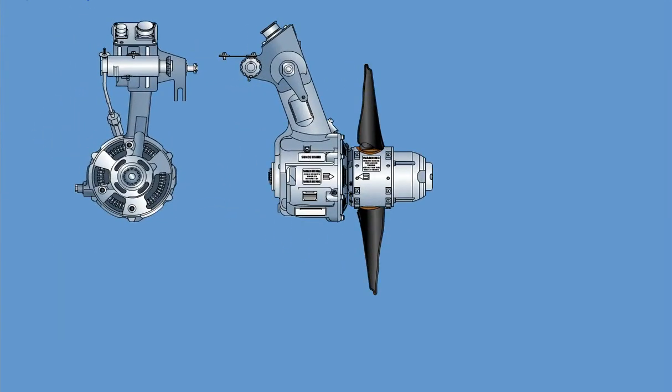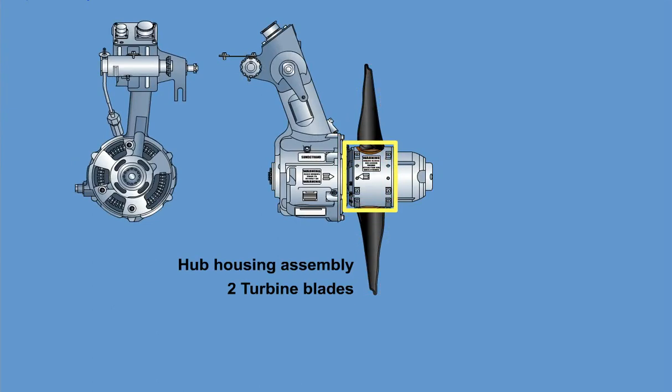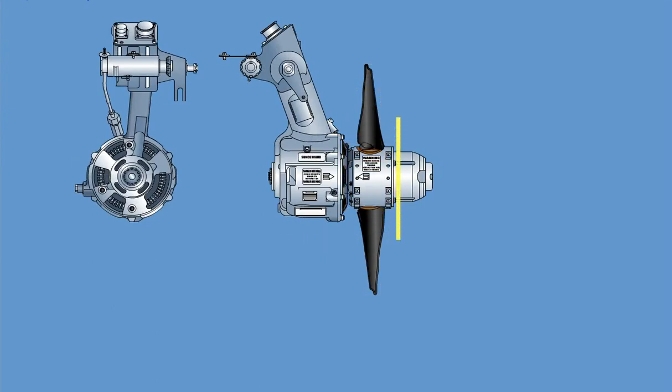The turbine assembly consists of two turbine blades connected to a mechanical governor, installed inside a hub housing assembly, which is connected to the generator shaft. The outside diameter of the turbine blades is 24 inches, 609.6 millimeters.